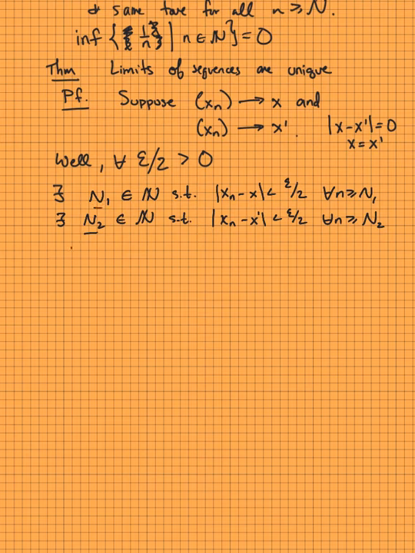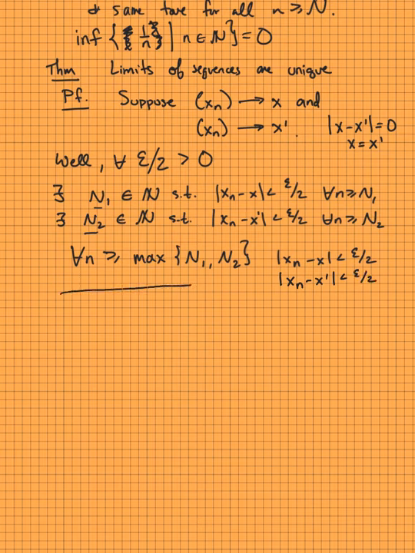What you know then is that if you go further than both, so if you take an n which is greater than or equal to the max of these two, just the larger of the two, then |xn minus x| is less than epsilon over 2, and |xn minus x prime| is less than epsilon over 2. So here's the picture.